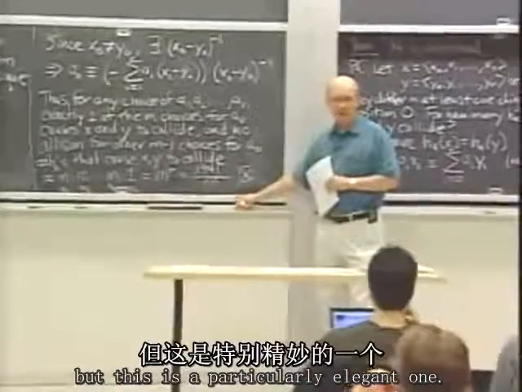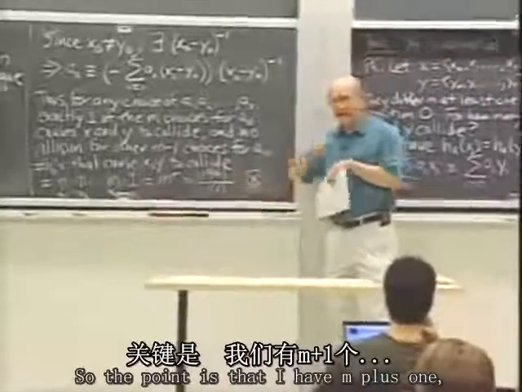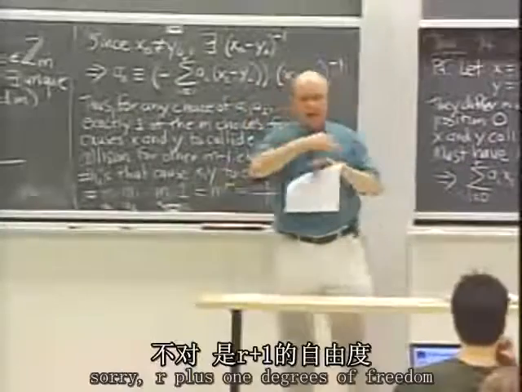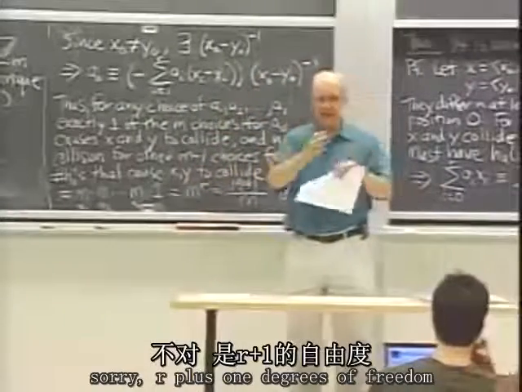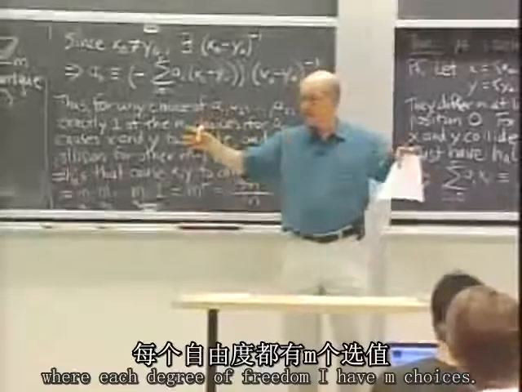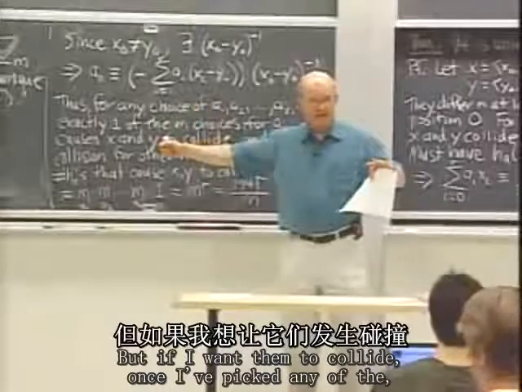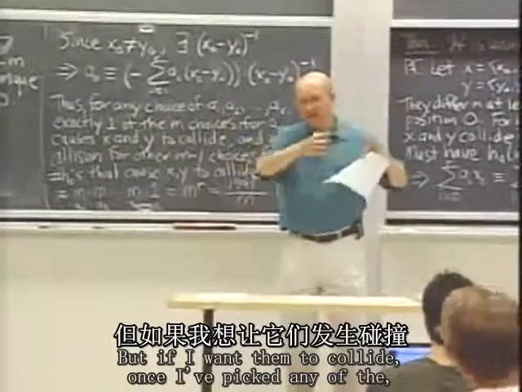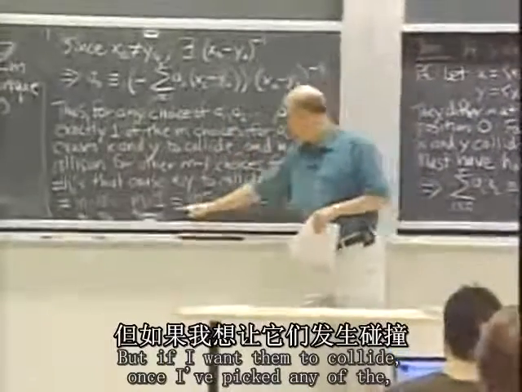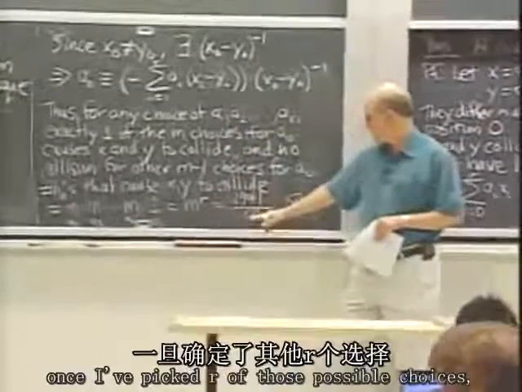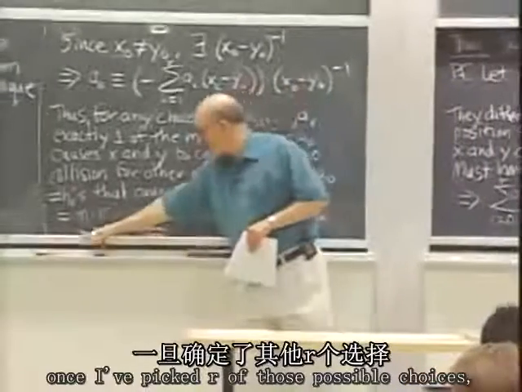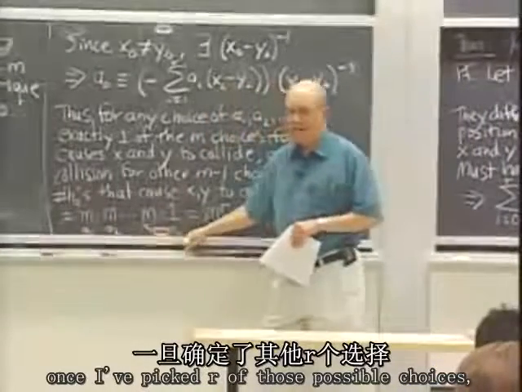So the point is that I have r plus 1 degrees of freedom, where for each degree of freedom I have m choices. But if I want them to collide, once I've picked r of those possible choices, the last one is forced.